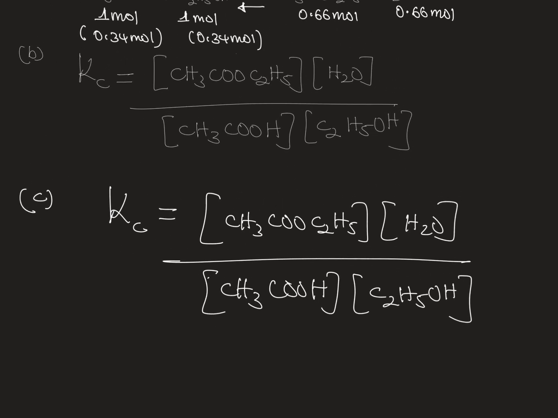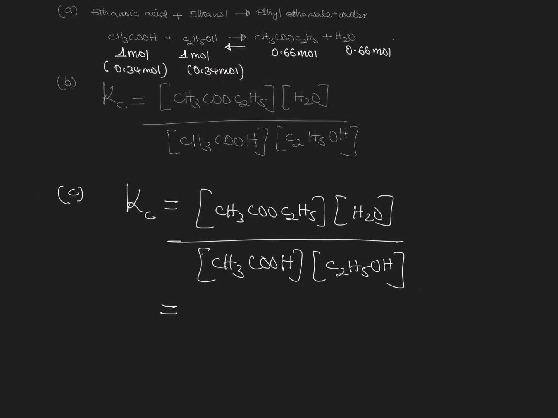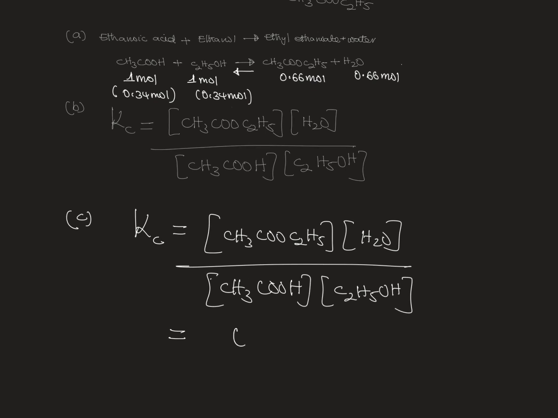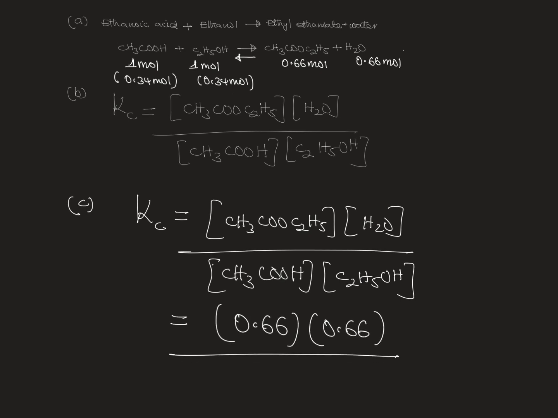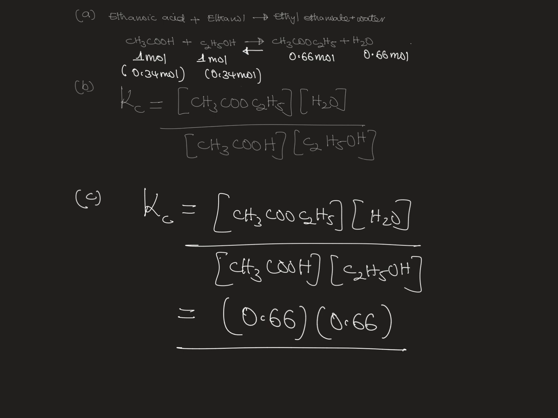So we are not given concentrations, but if mole is what is given, we can use the mole. So what was the mole of the ethyl ethanoate? That's 0.66 multiplied by the mole of water, 0.66, divided by the mole of the ethanoic acid used, 0.34, and the mole of ethanol used, 0.34.